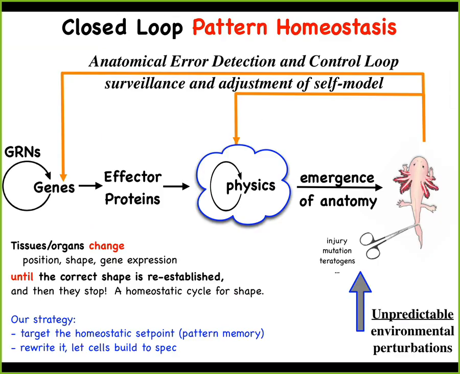So the way we think about these things is like this. This is the mainstream story of morphogenesis, that you have some gene regulatory networks. Some of them make proteins that do things, they diffuse, or they're sticky, or they exert force or something. And then you have this process of emergence, and this is the dominant idea in this field.